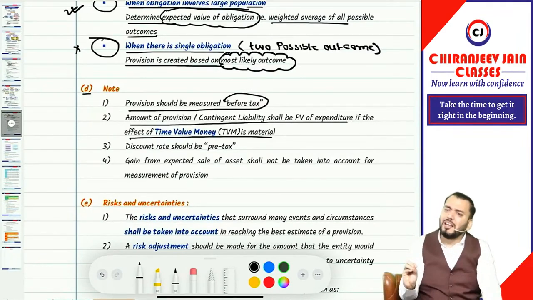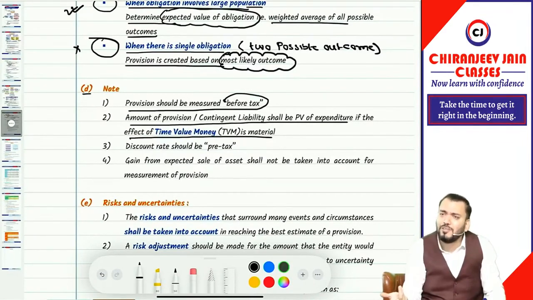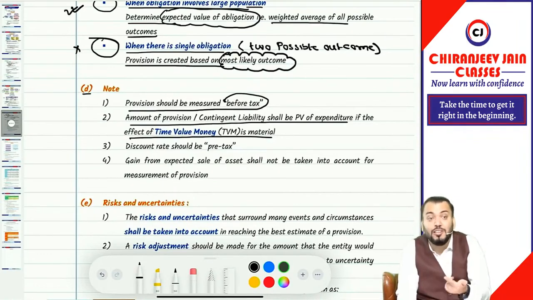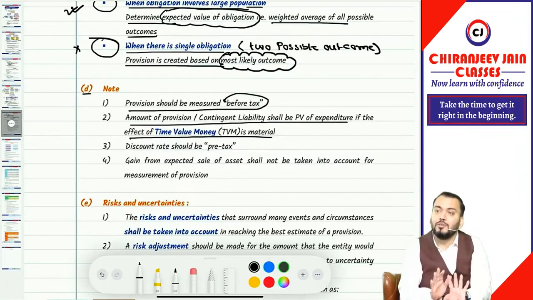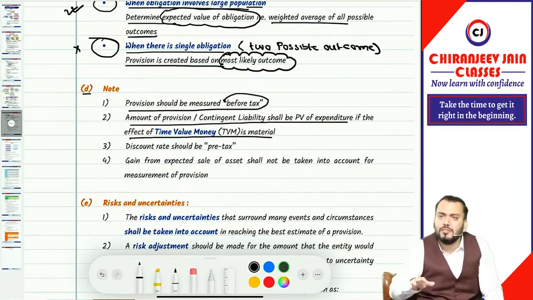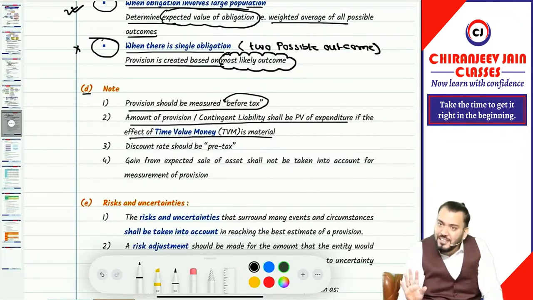From the exam point of view, whenever they have given a rate of discount, discount it. Whenever they have not given a rate of discount, ignore it. Simple. In the exam, discounting is possible only when a rate of discount is given. I hope you have understood point number 2.